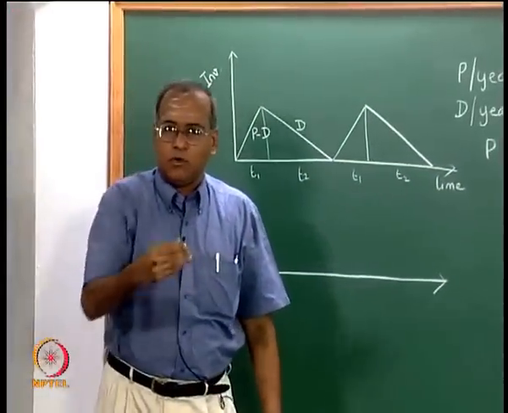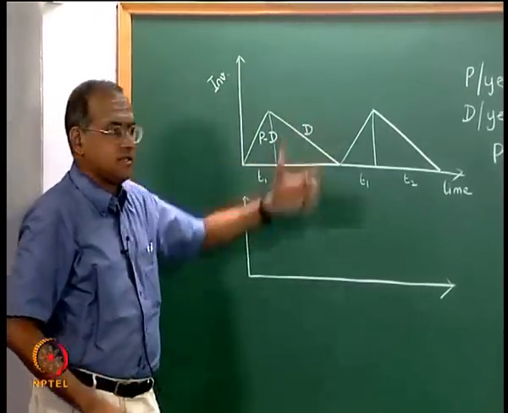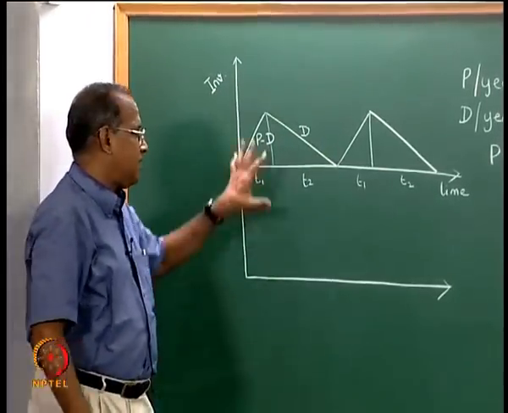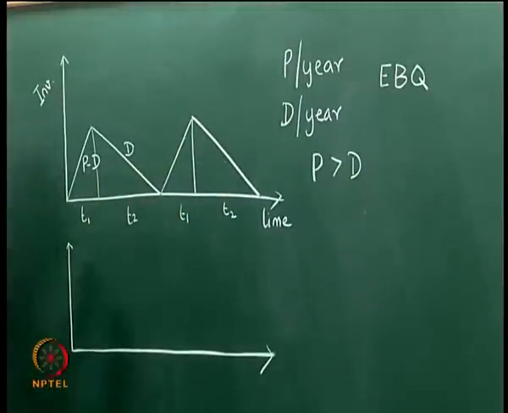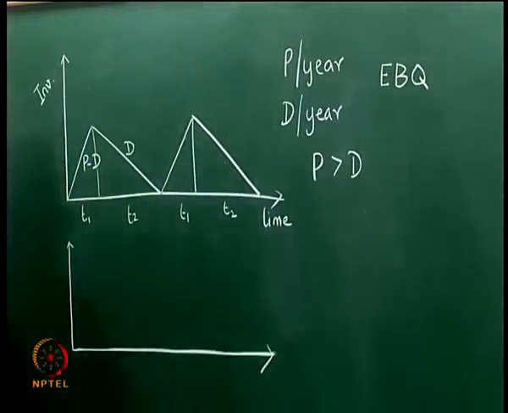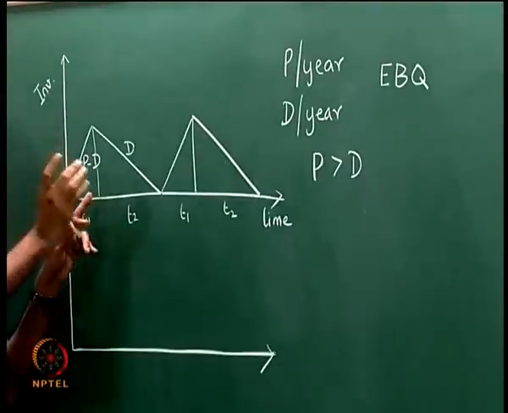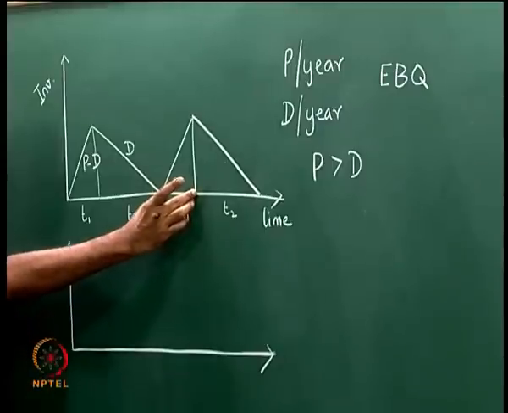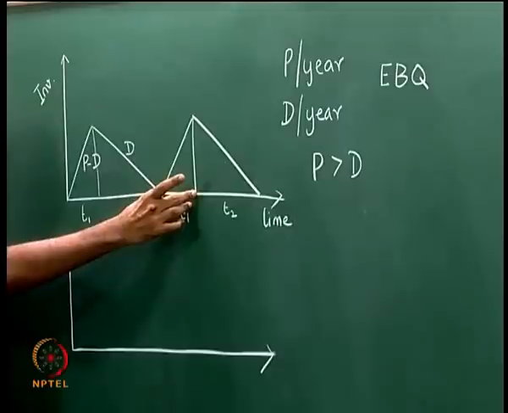very similar to EOQ. We also said that there is a setup cost that is involved every time we start producing it, because if we draw a similar figure for the facility that is producing, then the facility is busy making this item up to period T1, and then the facility again starts making this item once again at this point and is busy for a period T1.